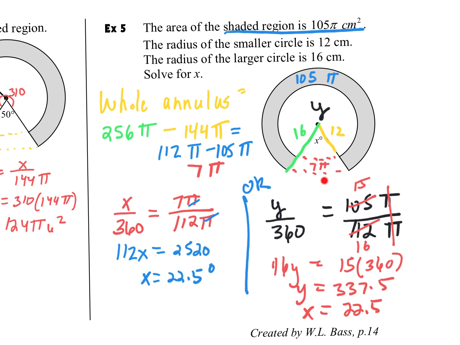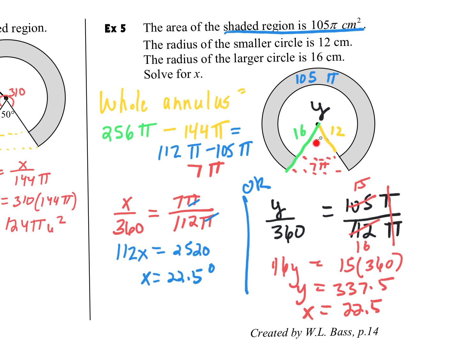And if we look at this, we could say that x over 360 is equal to that 7 pi over 112 pi. If we cross multiply and divide, that's going to give us 22.5 degrees for x.